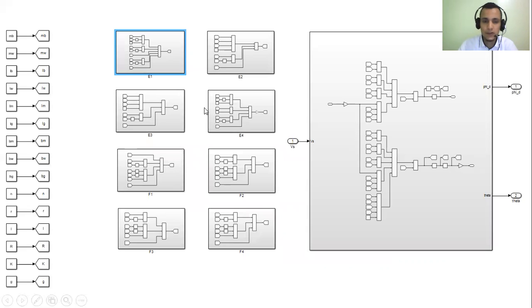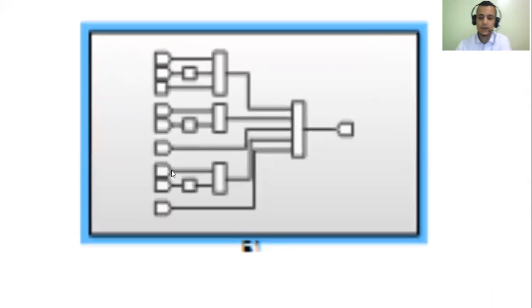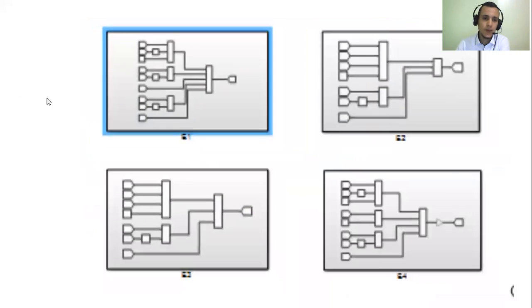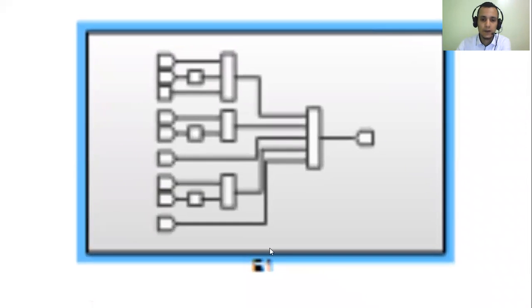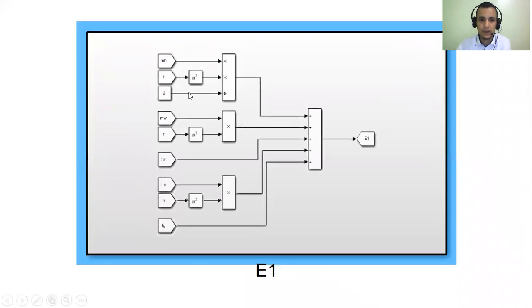Okay, now we move on to MATLAB, where we have simulated our robot or system. So we have from E1 to E4 our constants. First of all, these are our constants being used. We take just an example, E1.